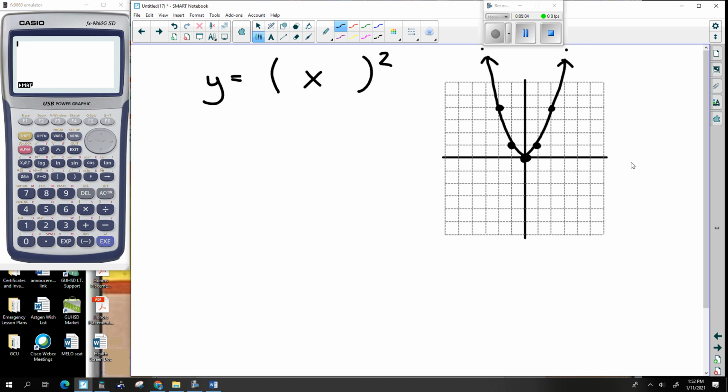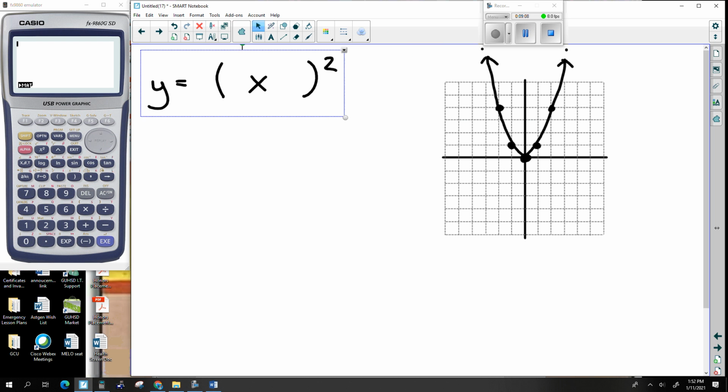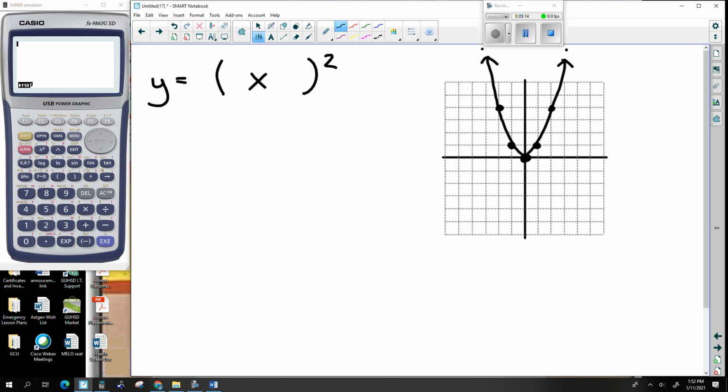Okay, now there's different types of transformations that you can do to a parent function. All right, one transformation is what happens when I add and subtract things inside of this x. So let's say we have x minus 2. Okay, so what we did is we put a minus 2 on the inside, all right, with the x.